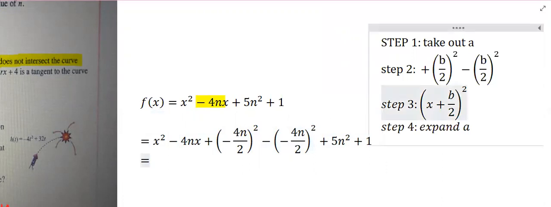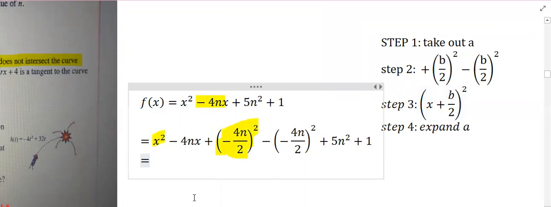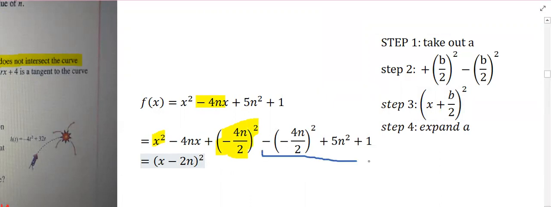Okay, step number 3, combine the one that have squared, this one and this one. Okay, combine together. X minus 4n per 2 means 2n square. So tengah-tengah negative 4n x hilang. And then this one you just need to calculate. Okay, ini kena kira.